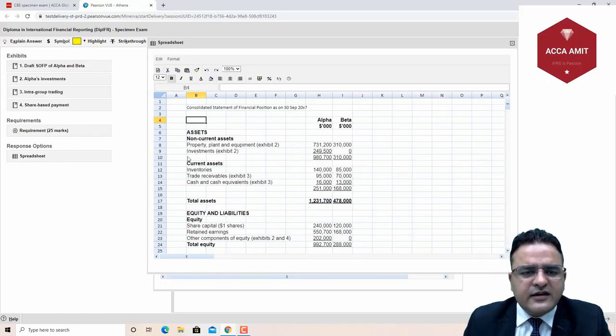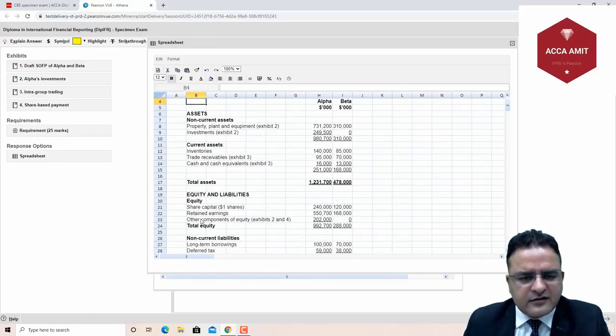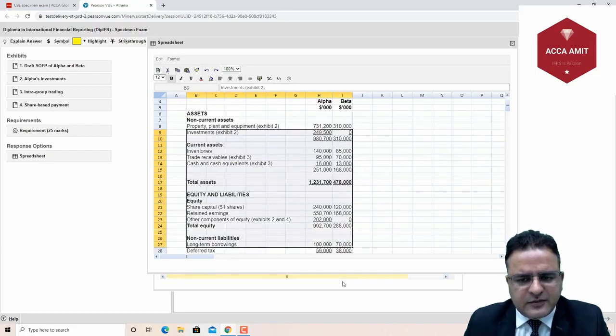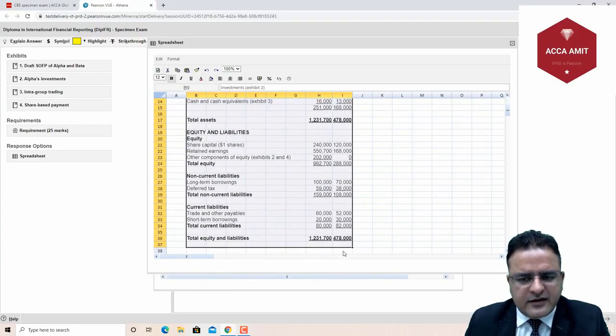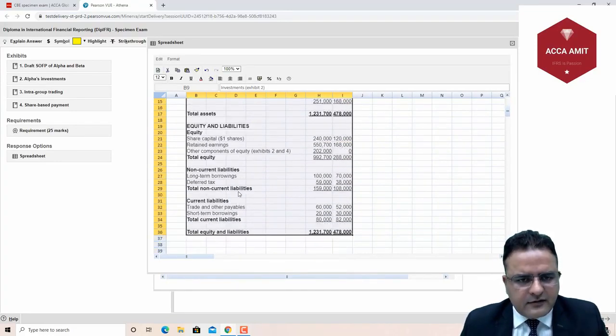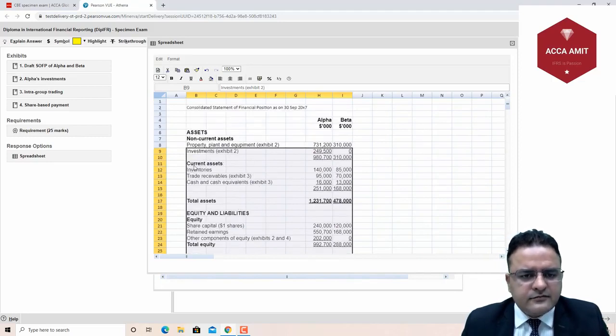Now we'll need information here. This investments in Exhibit 2 will be replaced with goodwill. This share capital, retained earnings will be replaced with other components of equity. So let's leave some space here, let's create some space here.